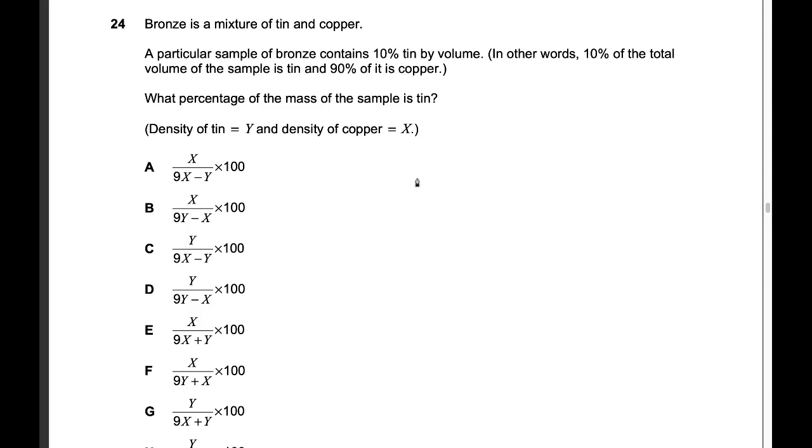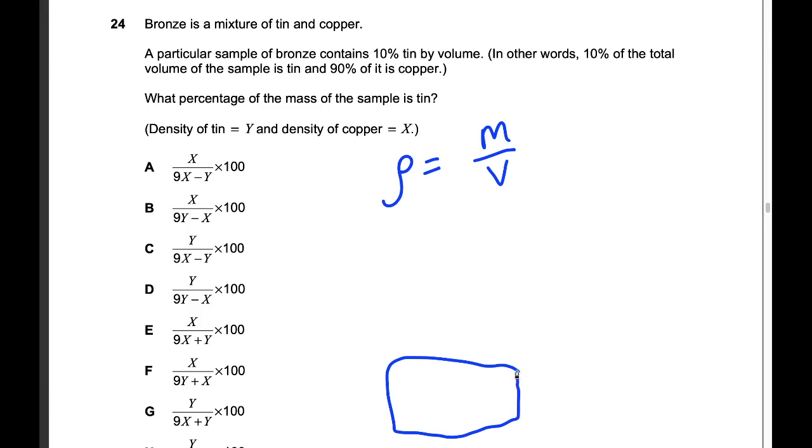So we know that density is equal to mass over volume. Okay, so I'm just going to look at this material as having all the tin at one end and all of the copper at the other end. That's just the way I'm going to look at it. So let's call this the tin end because only 10% is tin, and this the sort of copper end.